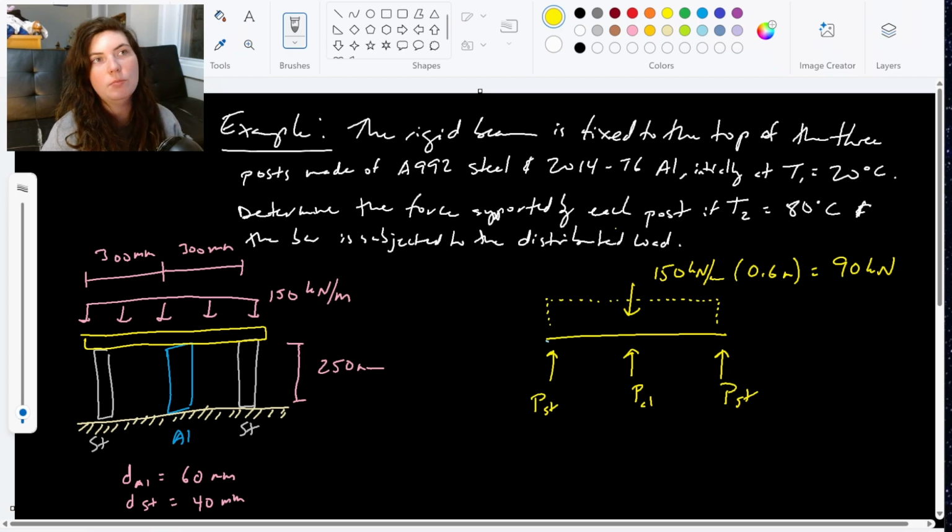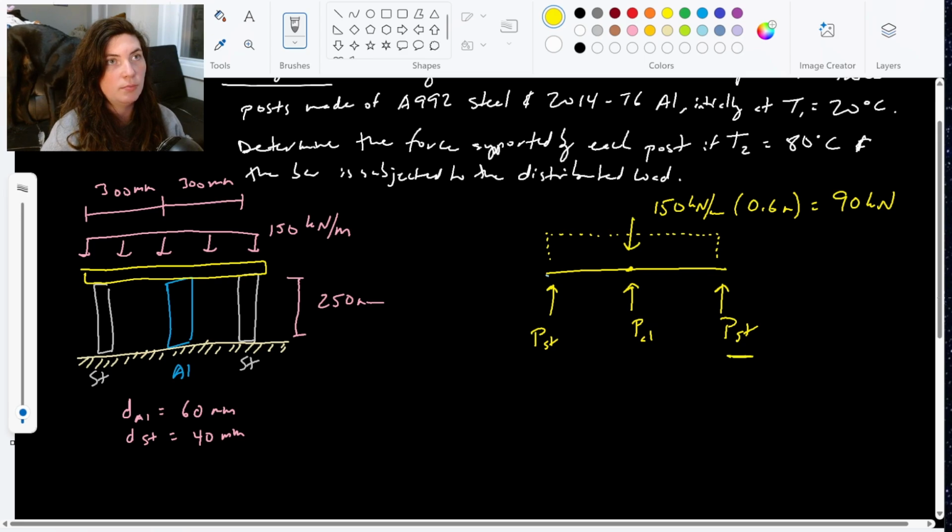If I take a moment about the aluminum here, I would see that my distributed load cancels with my aluminum, which means that my steel loading has to exactly cancel out, right? The loading of each steel post is going to be exactly the same.